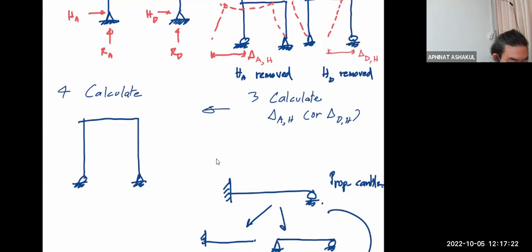And then you will apply the unit load there. And then calculate, here is delta A, if it's a unit load, I should call it delta AA, right? Then multiply by HA. Oops, I don't need to calculate delta AA.